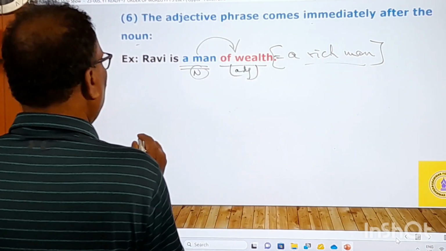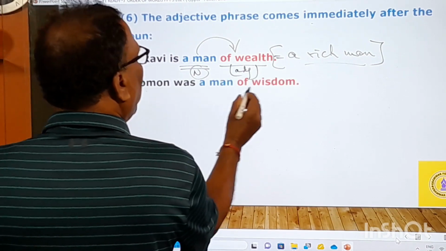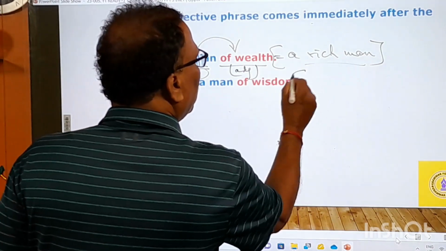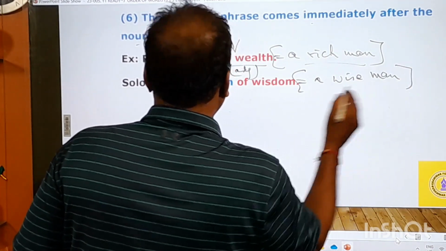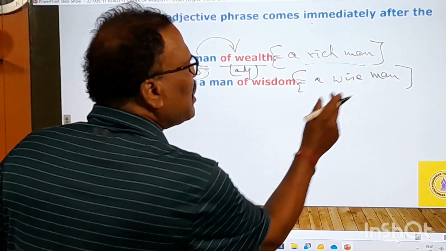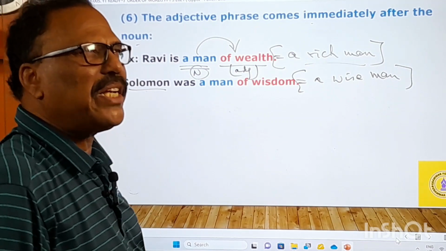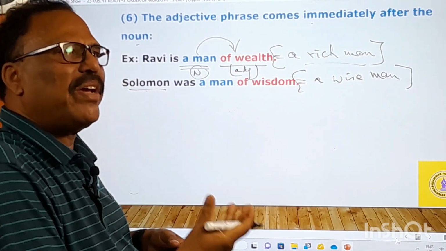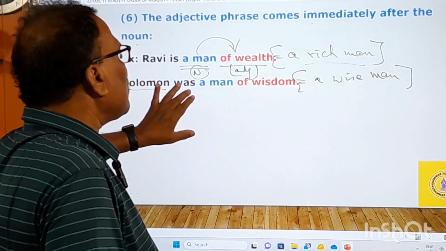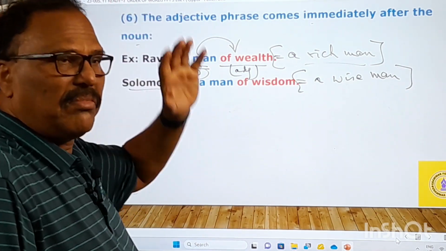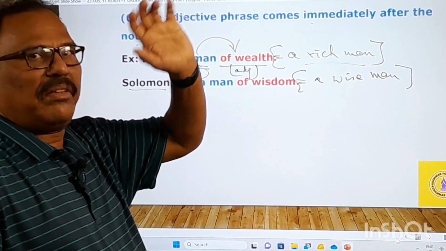Okay, right. Next, Solomon was a man of wisdom. So that means a wise man. If I say Solomon was a wise man, I am not making the statement in a stylish way or in a colorful way. But if I say Solomon was a man of wisdom, it's a grand style.